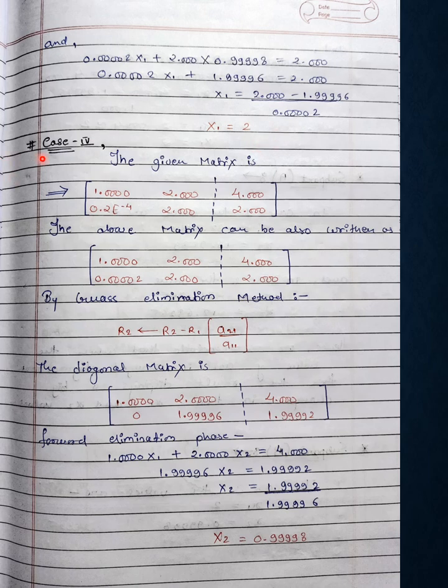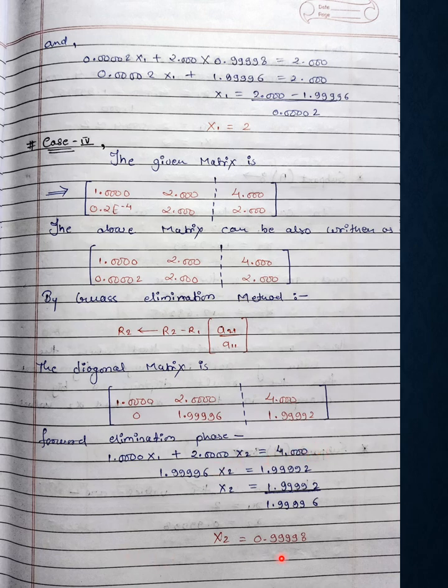And last, case number 4, the given matrix is here. You see the above matrix can also be written as such. By the Gauss elimination method, we apply the operation on R2: R2 minus R1 into A21 divided by A11. The diagonal matrix is like that, and for the forward elimination phase, 1.0000x1 plus 2.0000x2 equals 4.000.